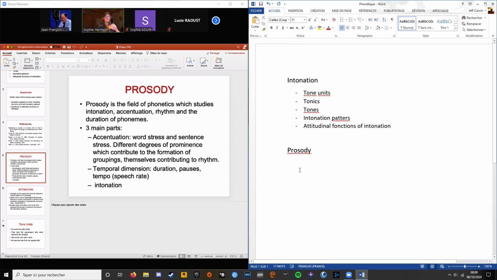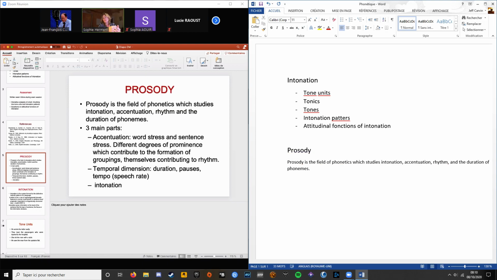Divide prosody into 3 main parts. Different degrees of prominence. You study the degrees of prominence, and those different degrees contribute to the formation of groupings. The rhythm is part of accentuation, part of prosody.